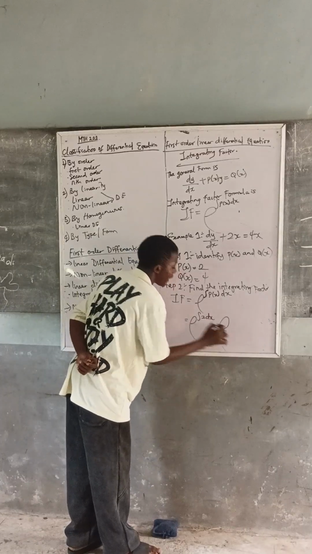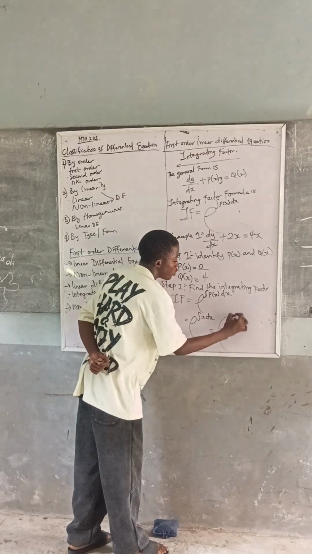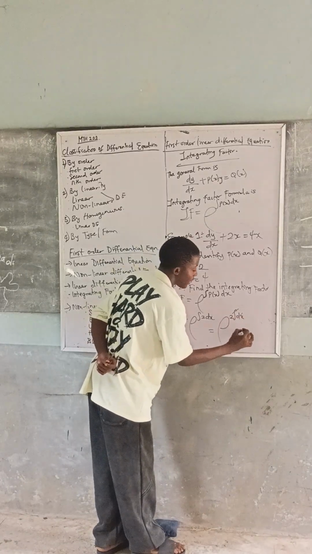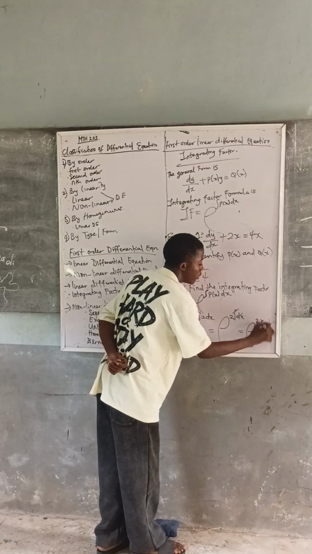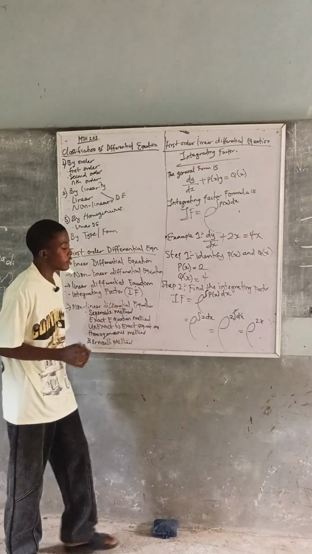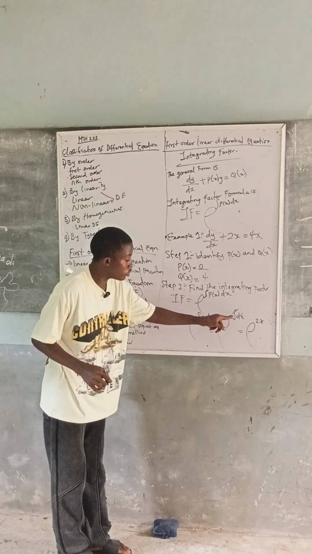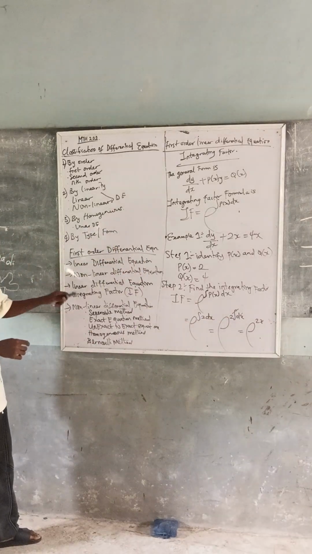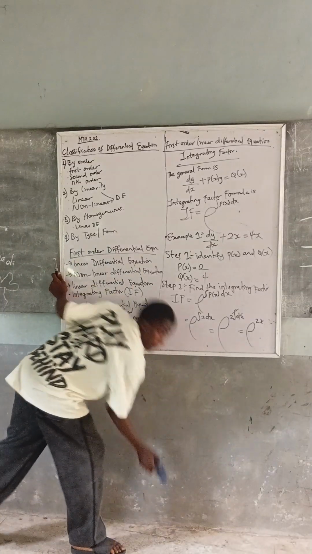That equals exponential, you bring out the constant 2, integral dx. We all know that integral cancels differential. That equals exponential 2x. That's it, because if this cancels this, we're having 2x. That's how we get this. So the next step is step 3.